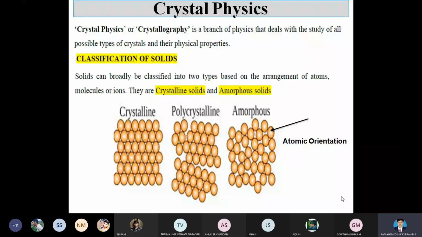So where are we using these crystals? We are using these crystals in domestic and commercial purposes, for lighting devices. Nowadays we can see different types of lights and colors, and everything is made from these crystals.